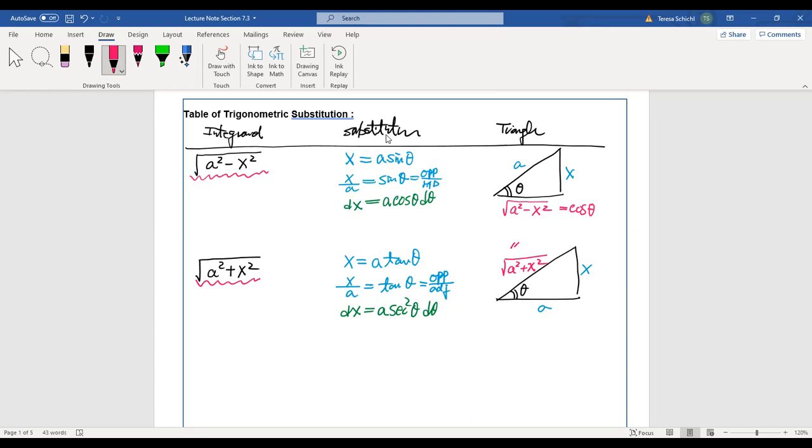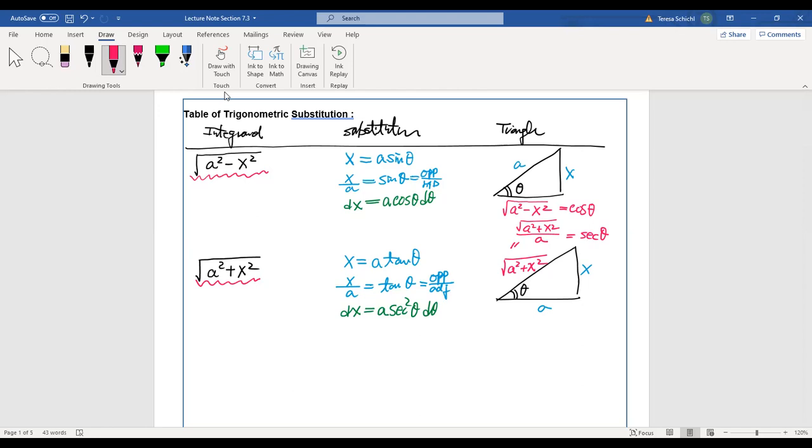Secant is hypotenuse over adjacent, so it's the square root of a squared plus x squared over a. That will be the secant theta here, right?